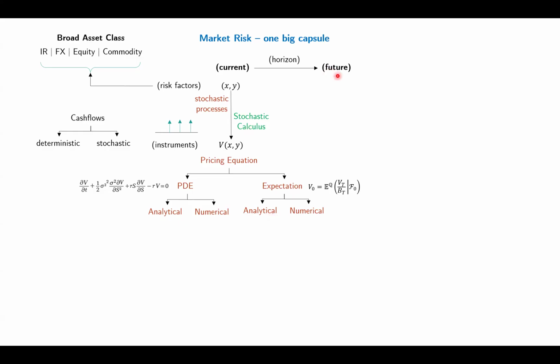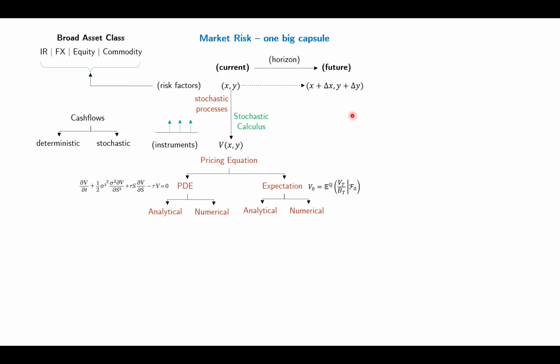Now let's talk about future. What happens in future? When we talk about future, there is a horizon associated with it. It could be what happens after one day, or after 10 days, or after a year, right? What will happen in future is the risk factors will change. X changes by delta X, Y changes by delta Y, right?